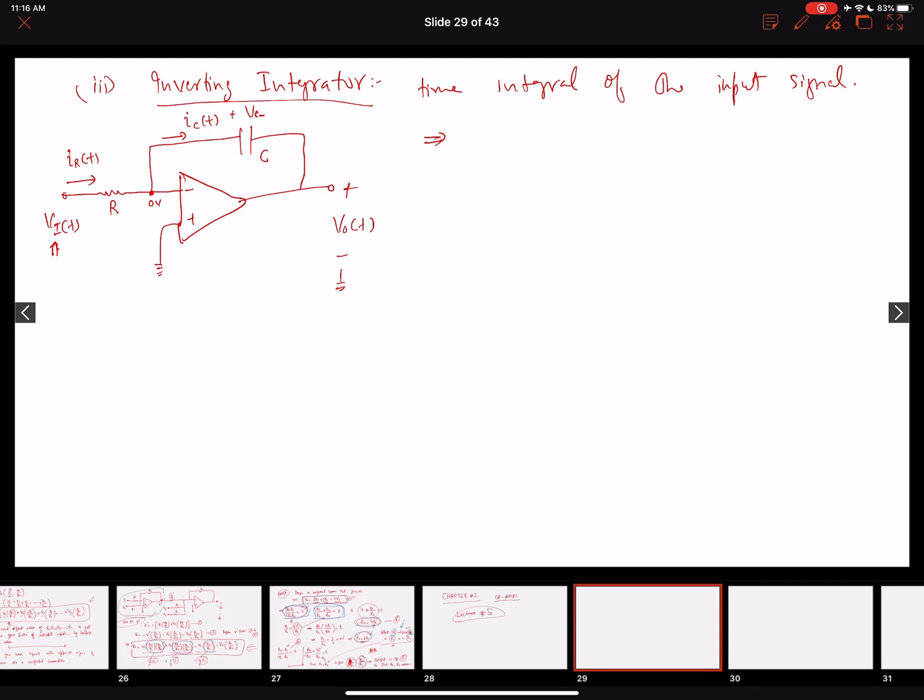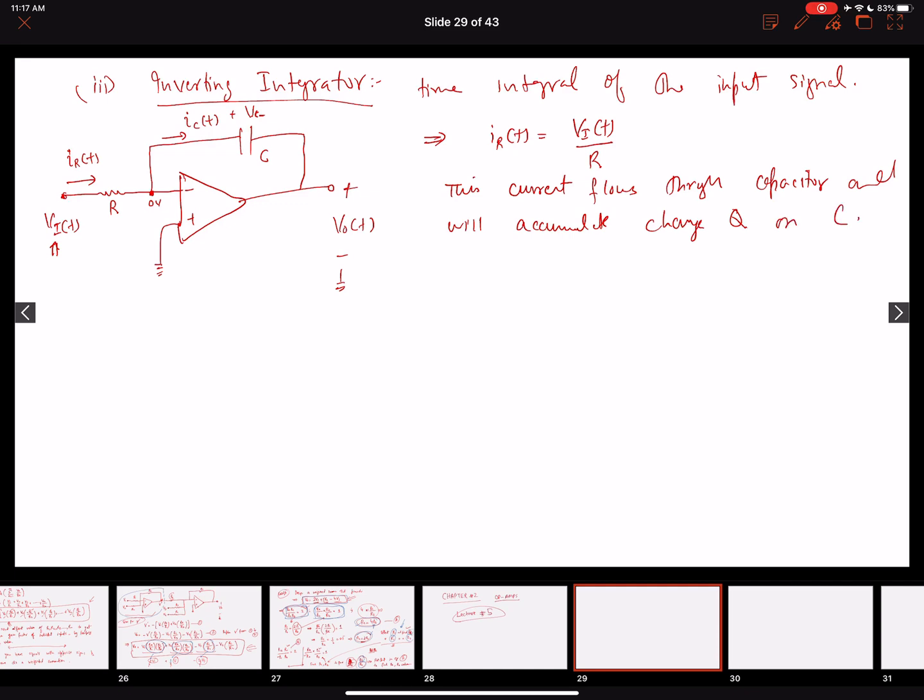If I apply Kirchhoff's law here, IR of t is going to be equal to Vi of t over R. This current flows through the capacitor and will accumulate charge Q on the capacitor.